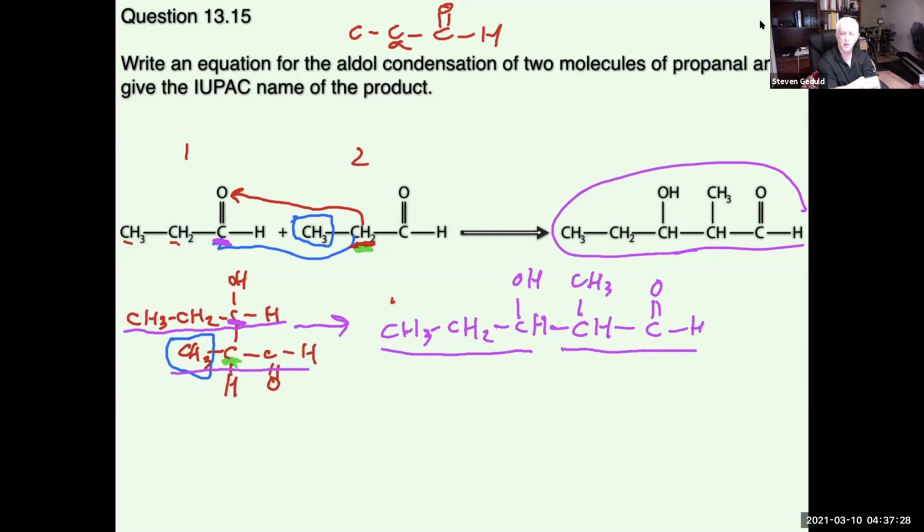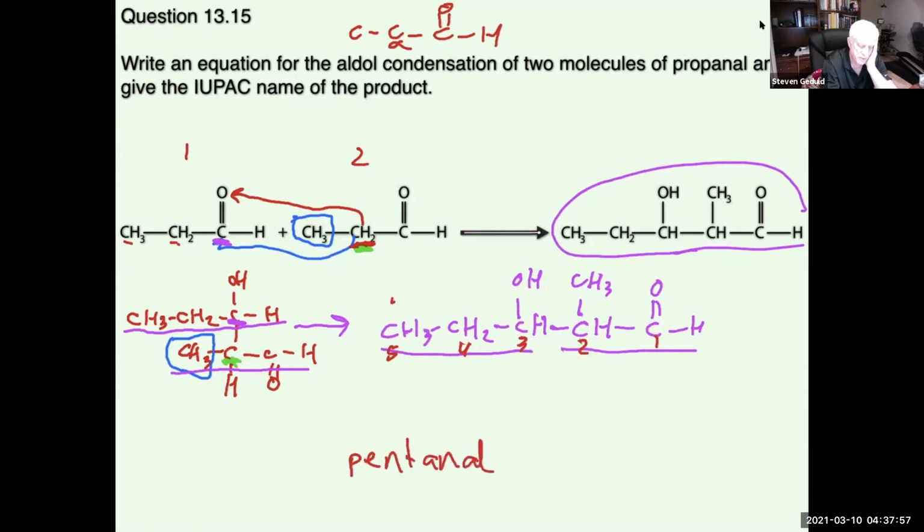Okay, so now all I've got to do is name the product. So what's formed? Okay, this has 1, 2, 3, 4, 5 carbons. Right? So it's pentane, and it's an aldehyde. So let's put it down here, pent to an al.